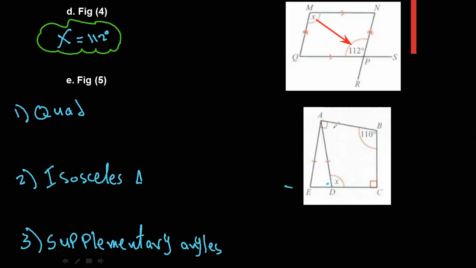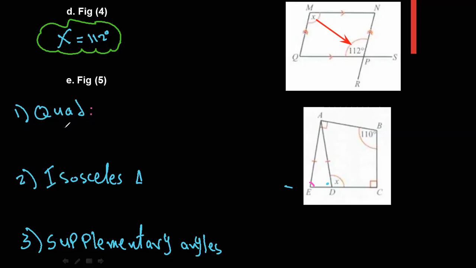But I won't use the first one, I will use the second, the quadrilateral A, B, C, E, because I know three angles in it. I know the angle A is 90 degrees, the angle B is 110 degrees, the angle C is 90 degrees, but I don't know what the angle E is here. Now I can solve the problem using the quadrilateral concept.